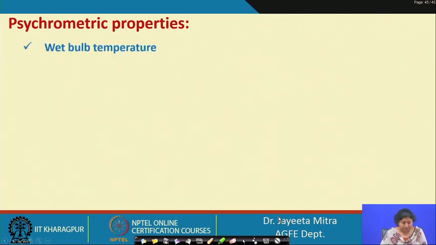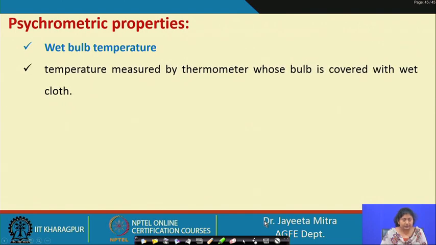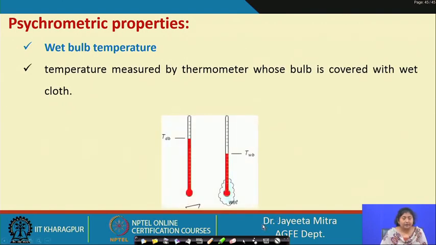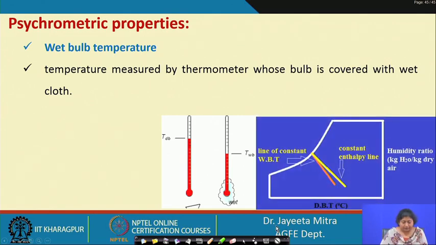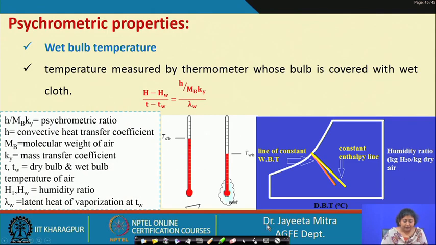we have discussed wet bulb temperature, dry bulb temperature, then humidity ratio, specific humidity, humid volume, and then enthalpy, all these properties. So, today we will see the wet bulb temperature in a bit of detail.